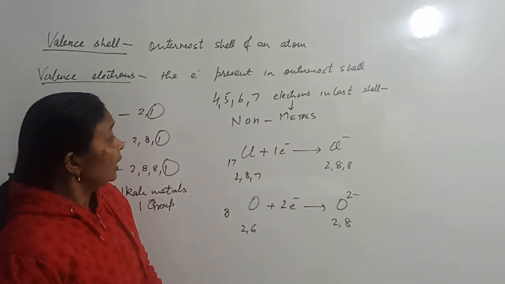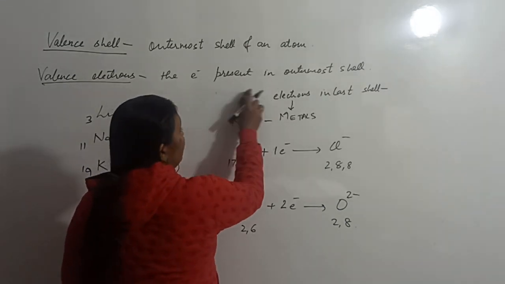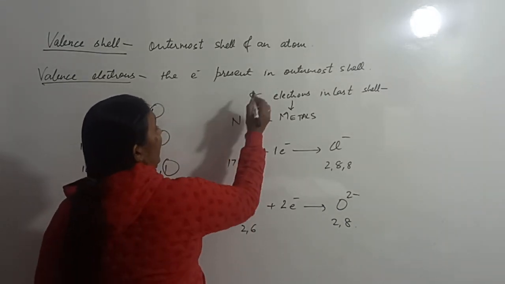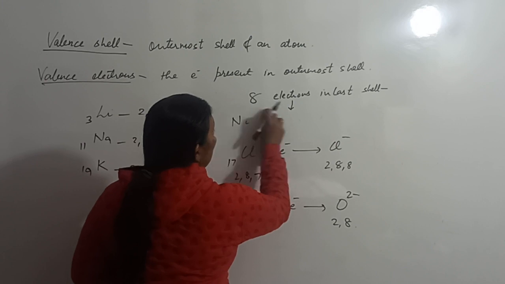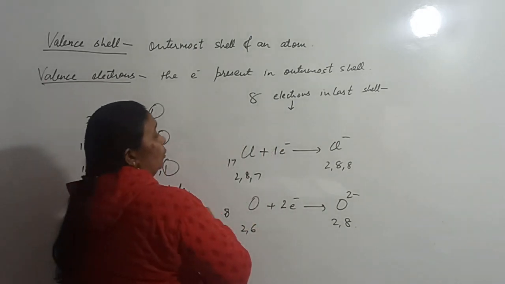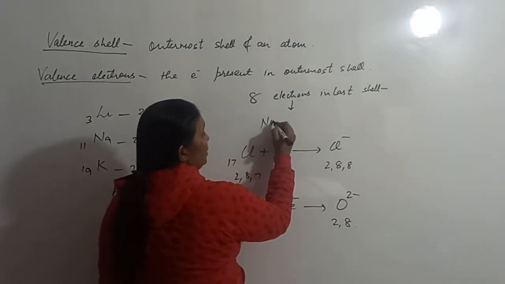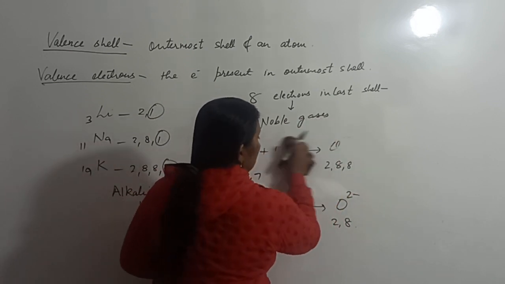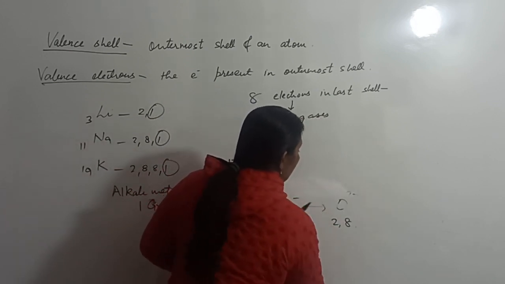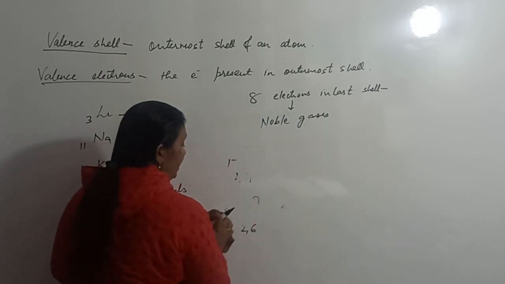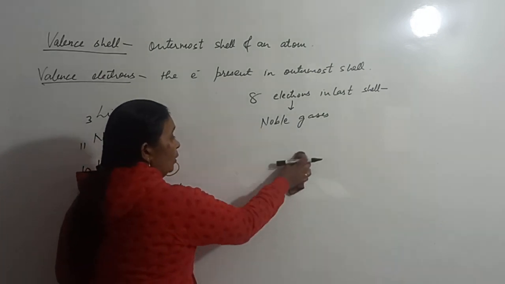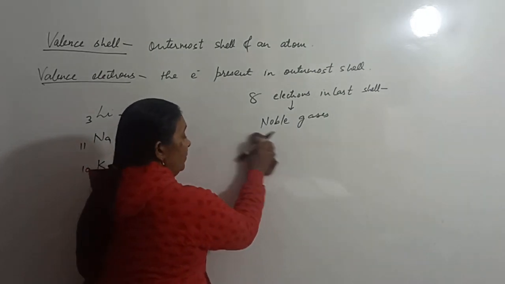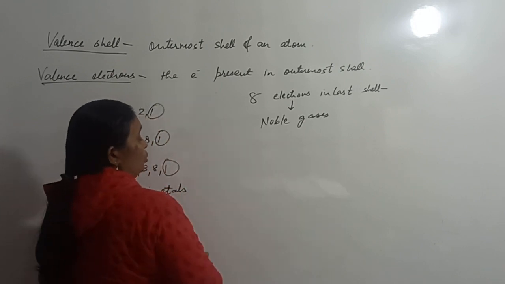and are known as non-metals. Now the atoms which have 8 electrons in the outermost shell, as you very well know, are known as noble gases or inert gases, like helium. Helium is the exception. Helium has 2 electrons in the outermost shell. The rest of them have 8 electrons in the outermost shell.